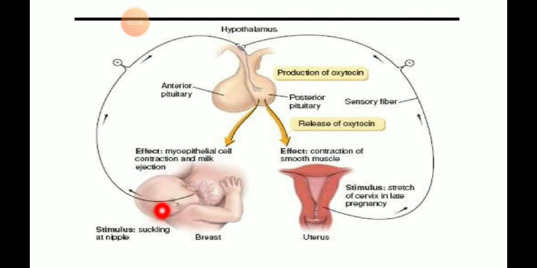The stimulus for this milk ejection is sucking at the nipple. From there the positive stimulus goes towards the hypothalamus, and again stimulates the production of oxytocin from the posterior pituitary. So this is the phenomenon which happens physiologically in our body.